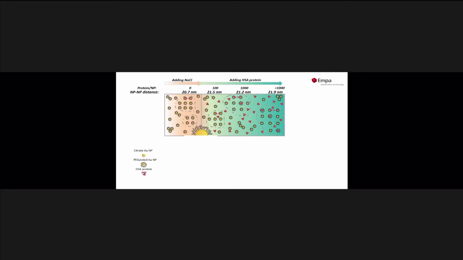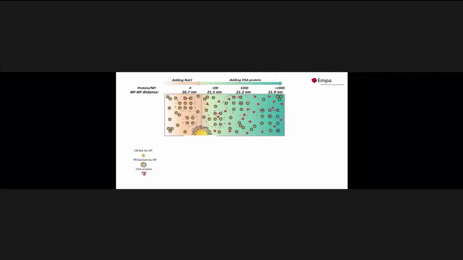If we then add the human serum albumin, at the low level, meaning 100 proteins per particle, we have a slight shift in the superlattice structure where the distance from particle to particle becomes slightly bigger. And if we increase the protein more and more, we also have a tendency that this particle-to-particle distance becomes bigger.